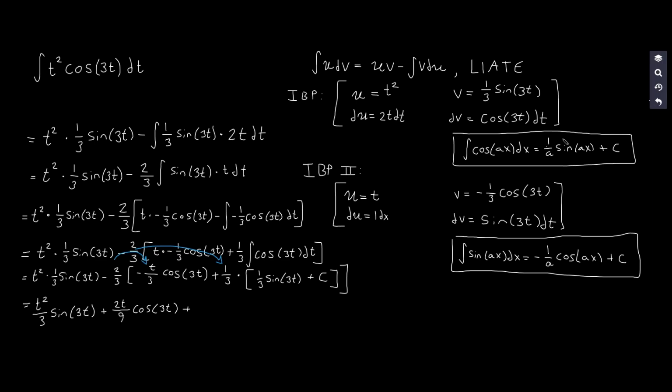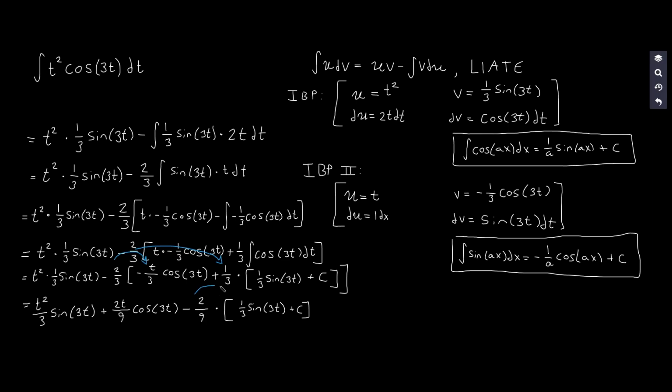That's going to actually be minus 2 over 9 times 1 over 3 sine of 3 times t plus c.